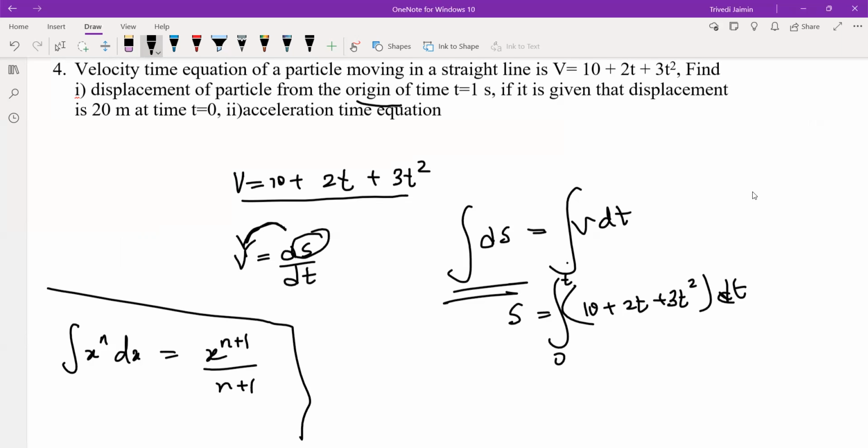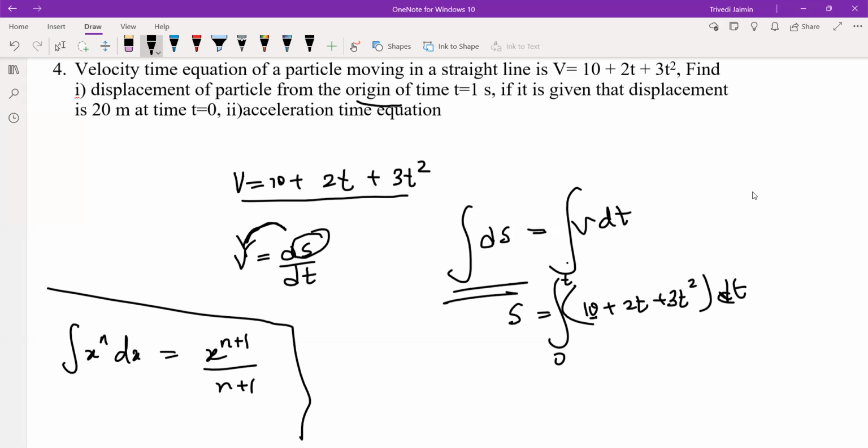Fine, so this is the general formula. Now do it for the first term, 10. Is there any variable with 10? No, sir.